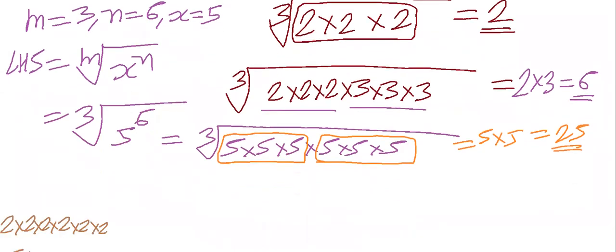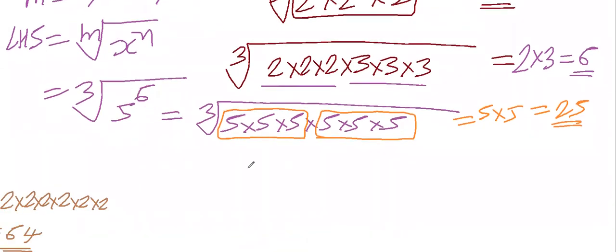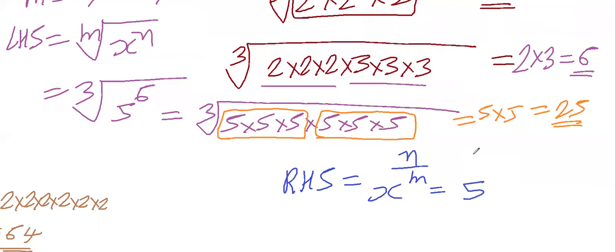Now let's start with the right hand side. I am starting the right hand side here with another color. So my right hand side will be x to the power of n by m. What is the value of x? x is 5. What is the value of n? n is 6. What is the value of m? m is 3.